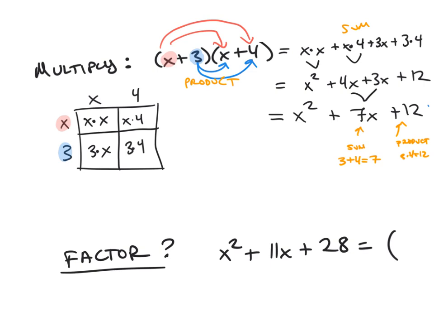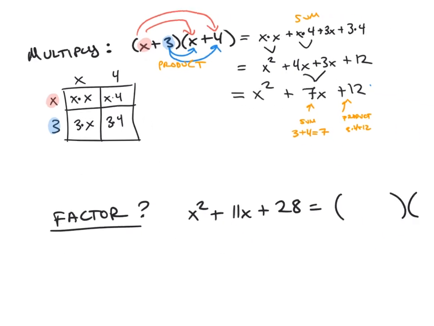It's so cool to me that as we turn products into sums, or backwards turn sums into products, the pattern when we make these quadratics by multiplying together groups, the pattern involves sum and product.